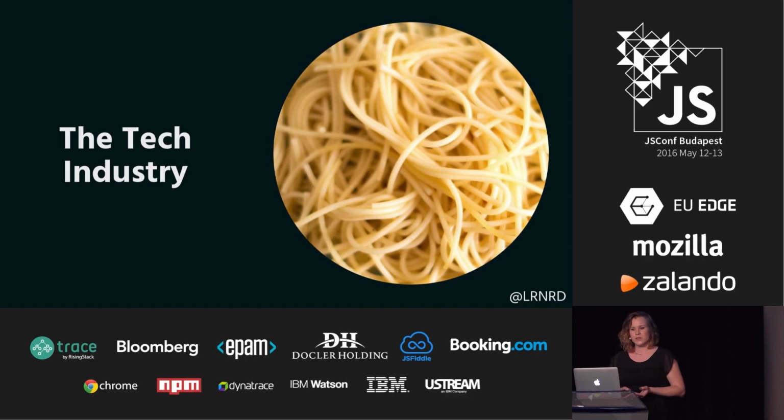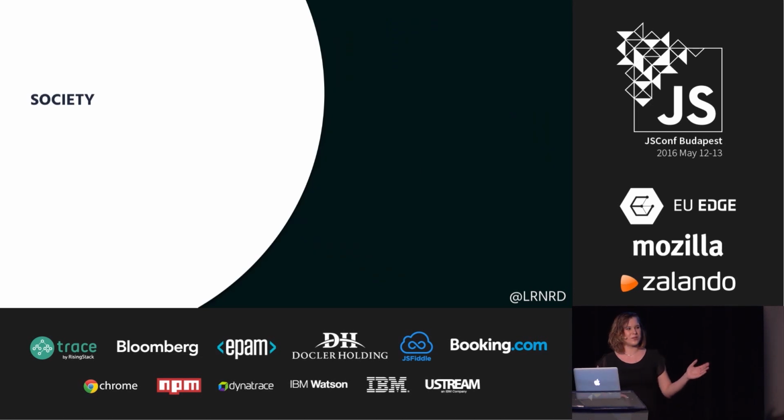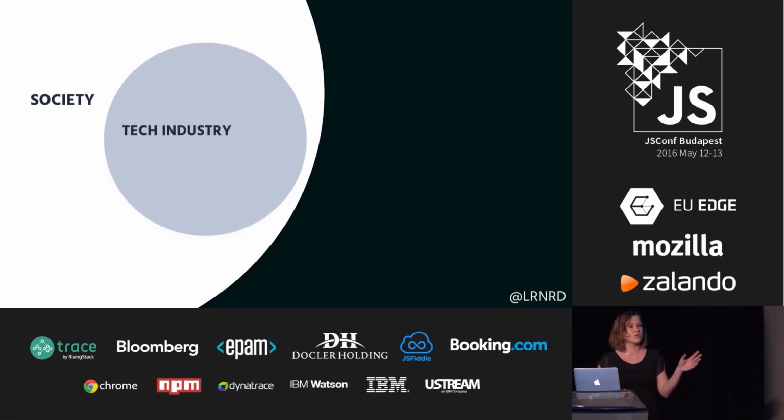To understand the system, it helps to understand its parts. So let's look at which parts define the tech industry as a system. I've created a simplified Venn diagram to show them to you. First of all, you can see society. Much like software systems don't exist in isolation, the tech industry also belongs to something larger. Part of the tech industry are communities, like FLOSS or free, libre, and open source software communities, or local tech communities.